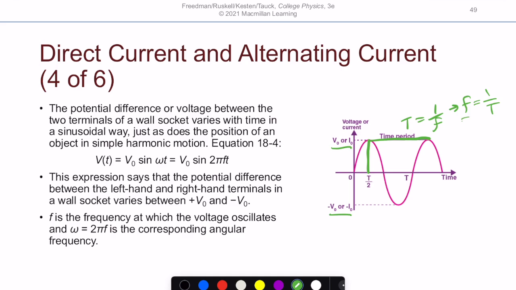That's frequency. Here, f is in units of hertz, which is inverse seconds. If we want to convert that to angular frequency, we multiply f by 2 pi and get omega, the angular frequency. And the angular frequency has units of radians per second.